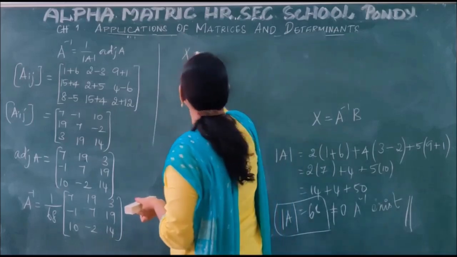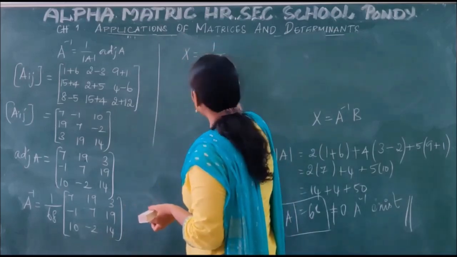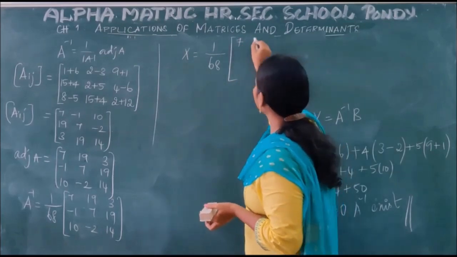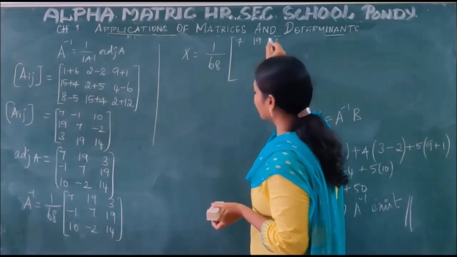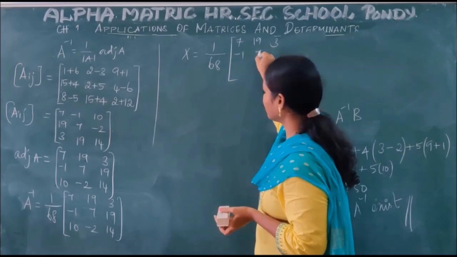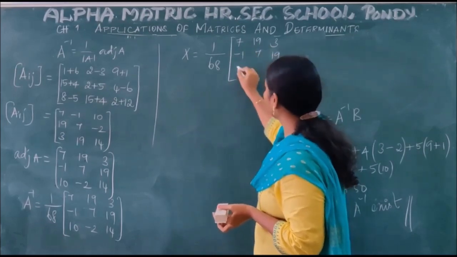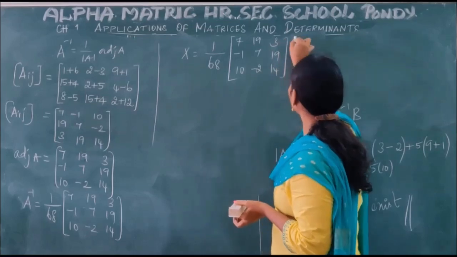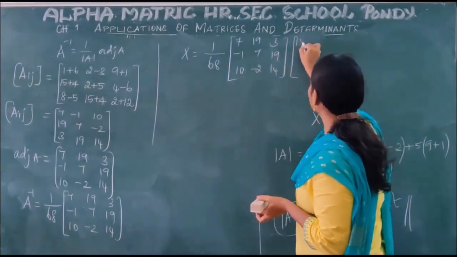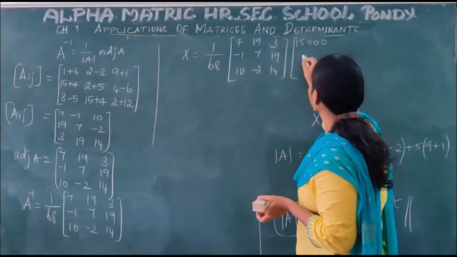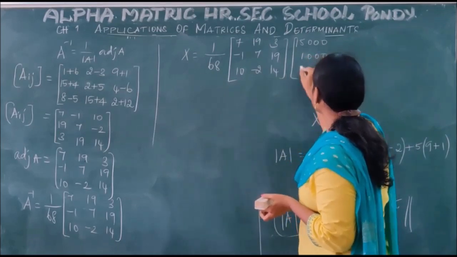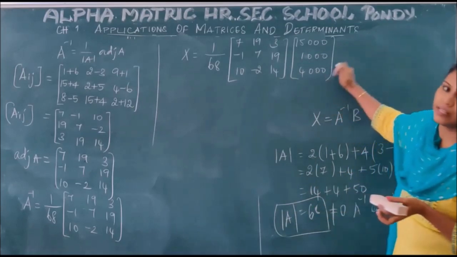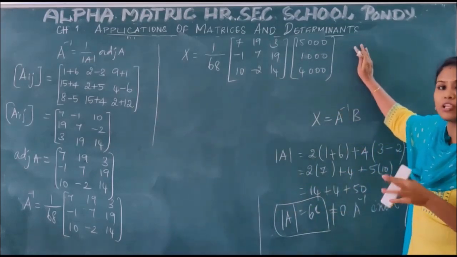So X is equal to 1 by 68 of 7, 19, 3 minus 1, 7, 19, 10 minus 2, 14 into, what is our B matrix? This is 15,000, 1,000 and 4,000. See, in B matrix we can take 1,000 in common.